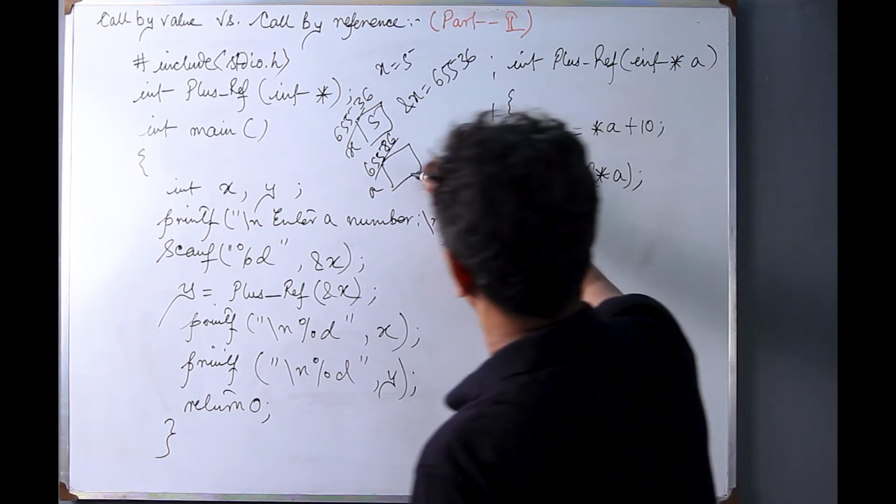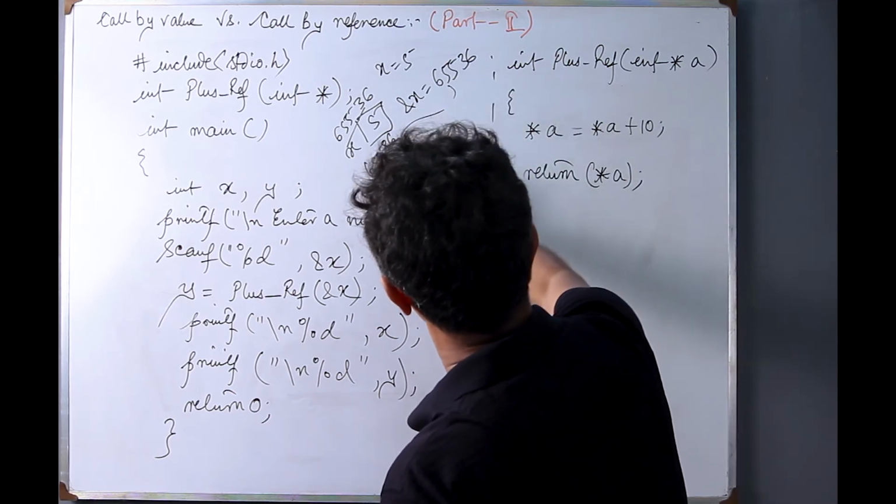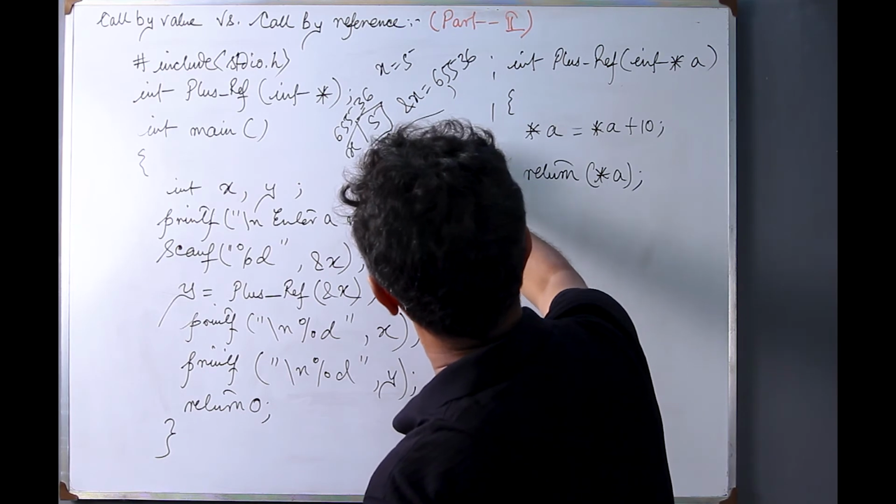This is the integer pointer which will store this address, that is 65536.